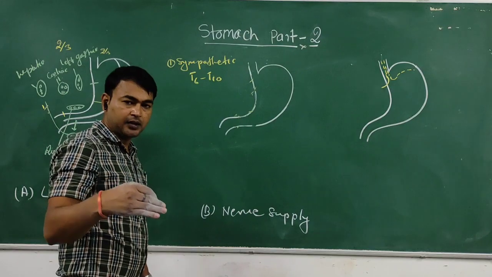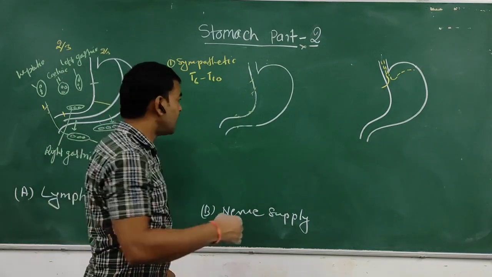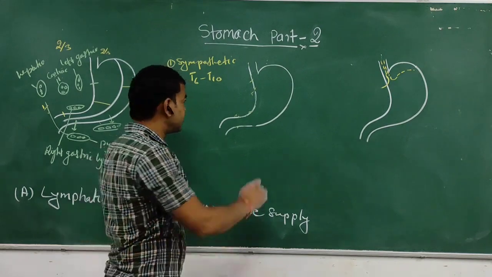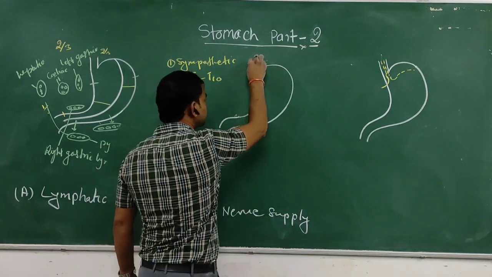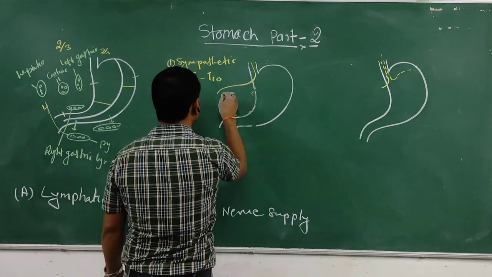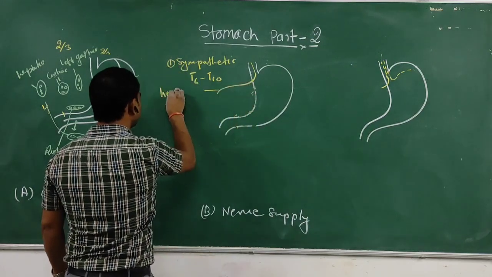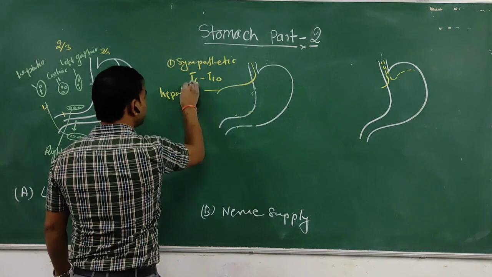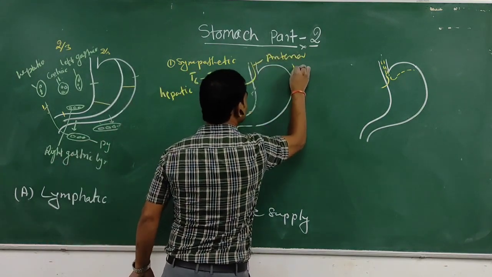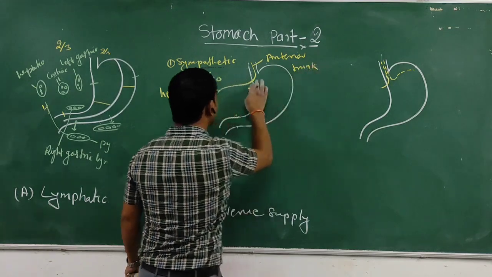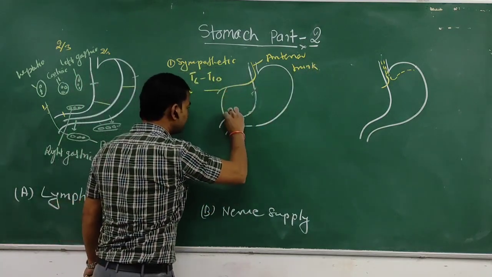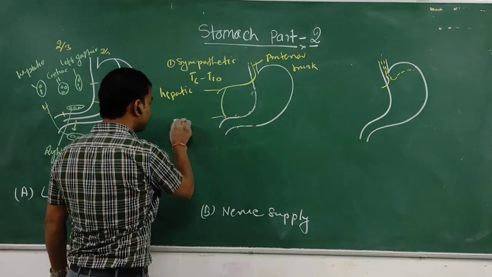The anterior trunk passes into the abdomen anterior to the esophagus and gives a first branch, that is the hepatic branch, which also supplies the pyloric part of the stomach. So this is the pyloric part.